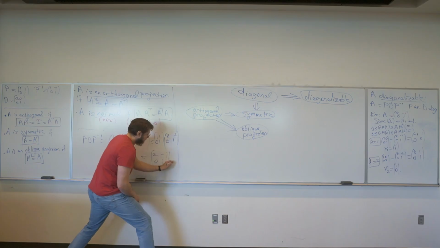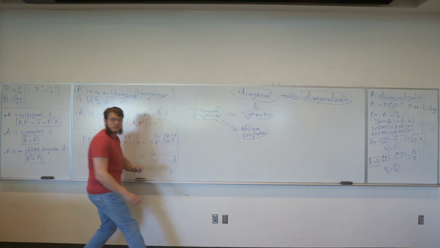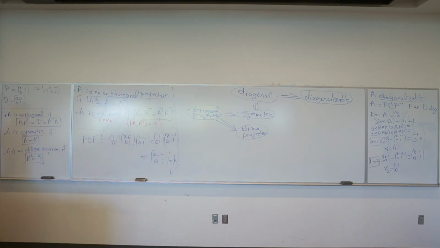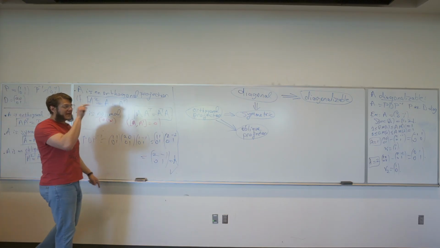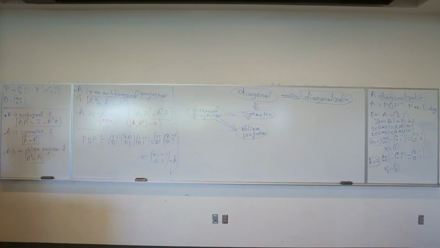And now it works, you see. So the order of the eigenvectors that you put in the P matrix, in the passive transformation, has to match the order of the eigenvalues in the diagonal matrix. Otherwise, it's not going to work.